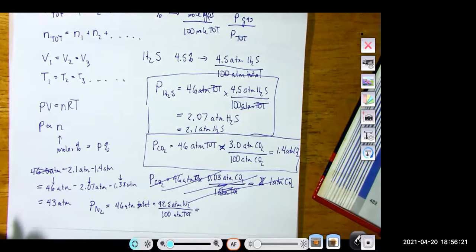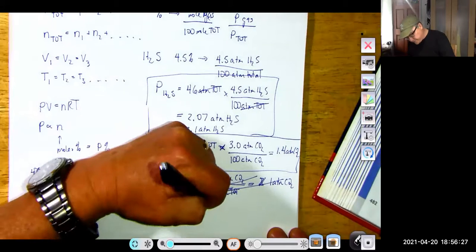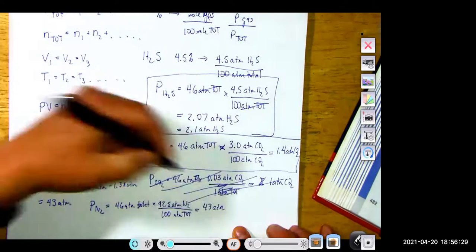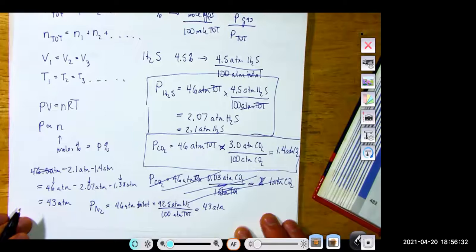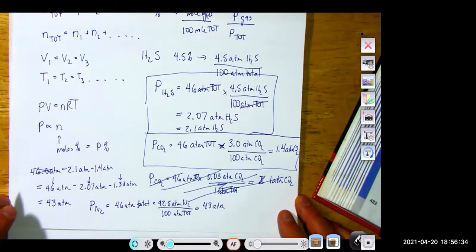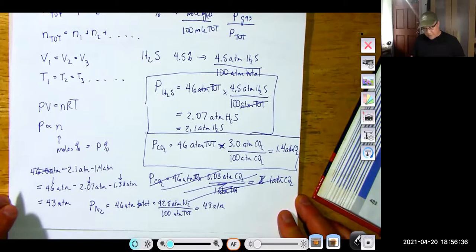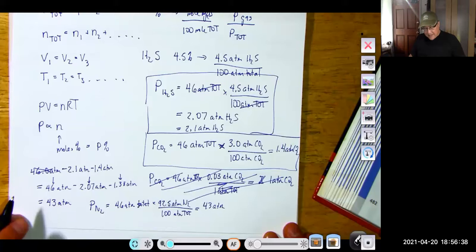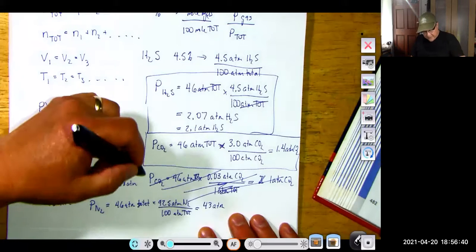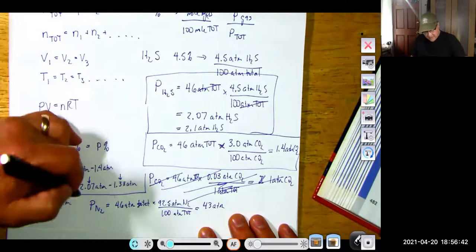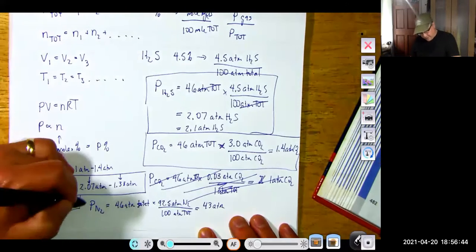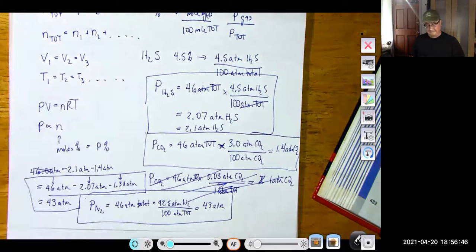Yeah, the same thing, 43 atmospheres. But if the problem was stated with more sig figs, it might be more accurate to do it this way, more precise. At any rate, you'd want to put this down for N2, one or the other.